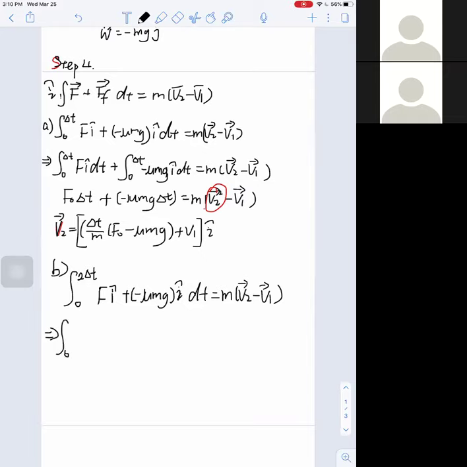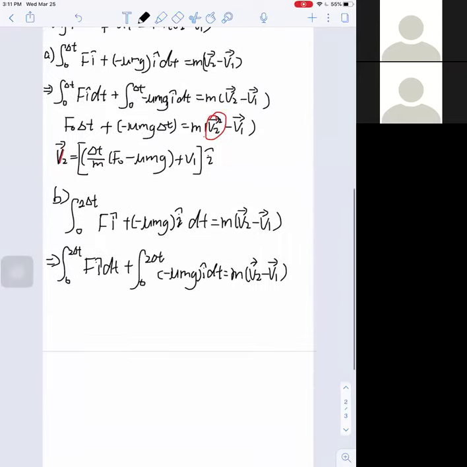The first part is 0 to 2 delta t for F dt, plus 0 to 2 delta t for the negative mu mg i dt, equals m v2 minus v1.